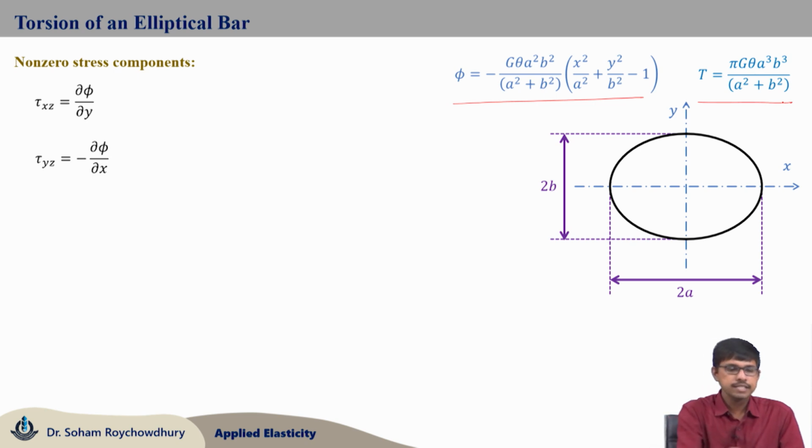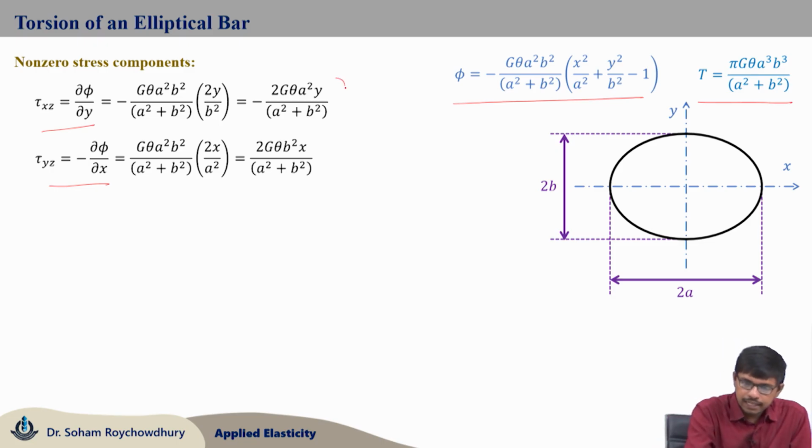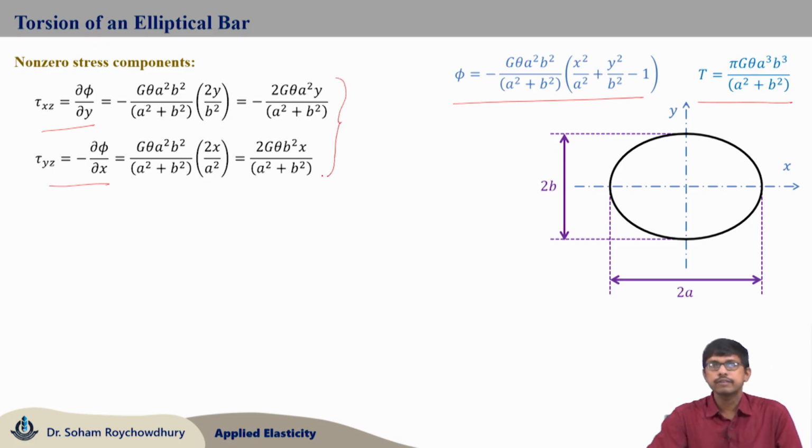Now, replacing this stress function in these expressions del phi del y and minus del phi del x, and then simplifying further, we will get tau xz as minus 2 G theta a square y by a square plus b square, and tau yz as 2 G theta b square x by a square plus b square. So, at any x and y, if you replace the values of x and y in these two equations, at any particular point we can get both the stress components tau yz and tau xz.